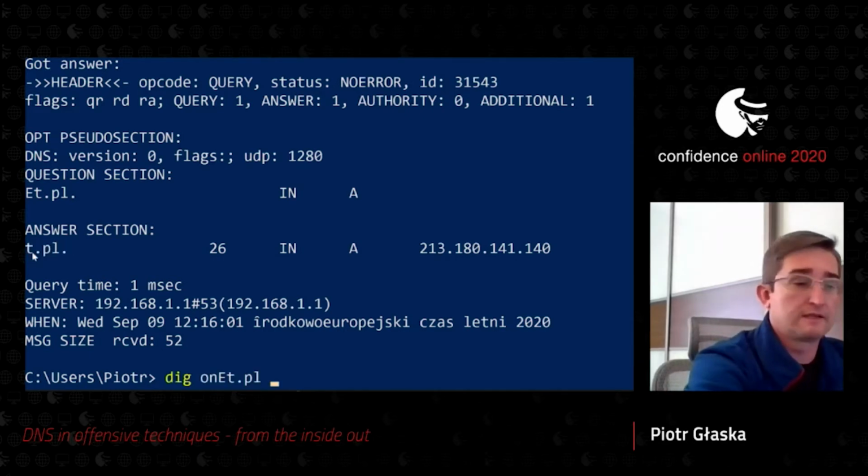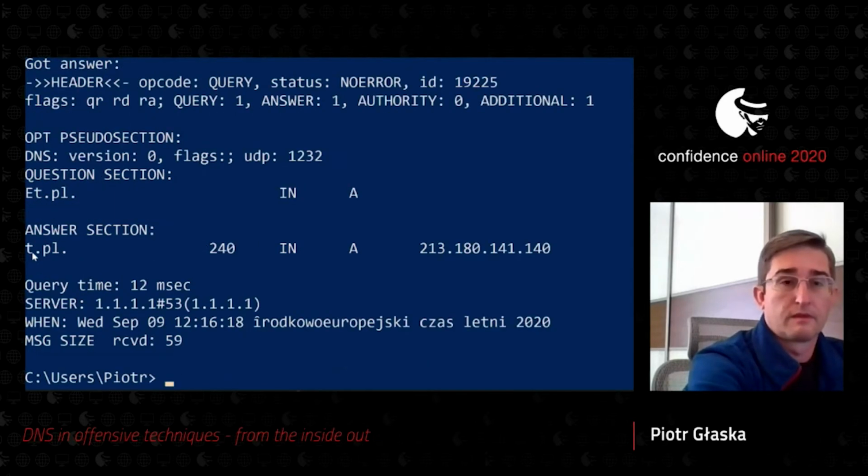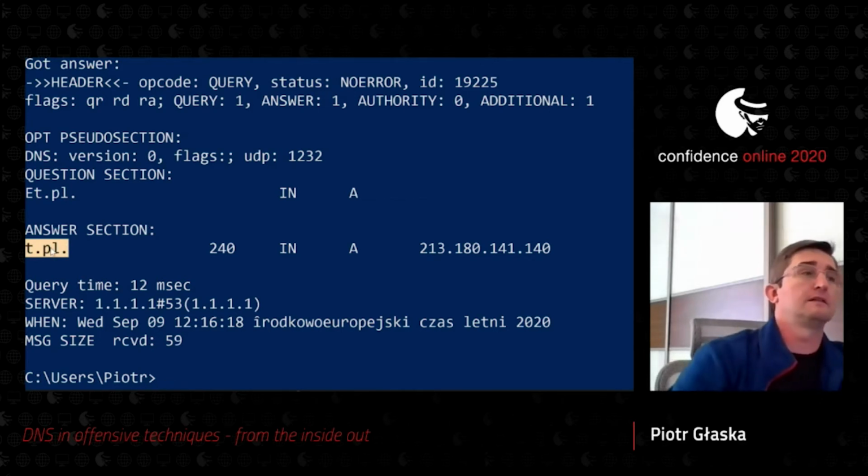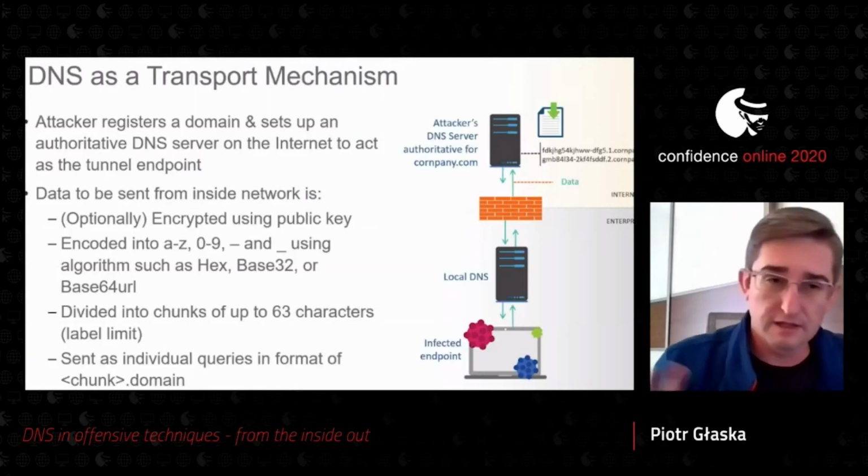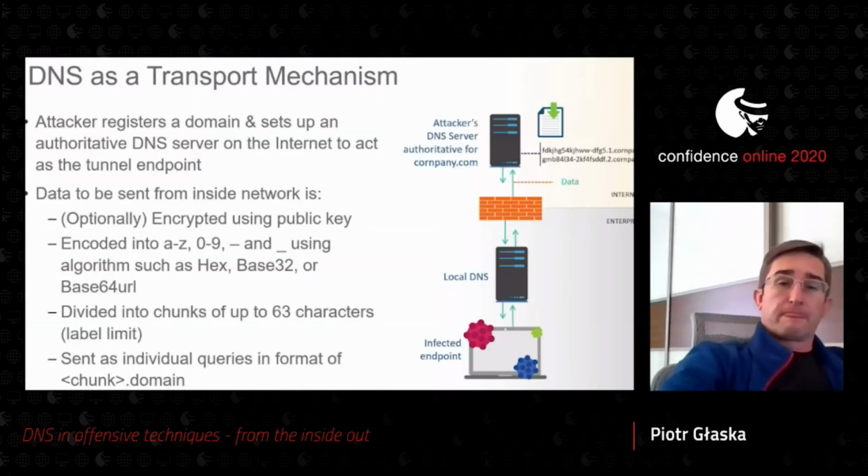But if you ask, for example, Cloudflare, then you can see that they do not hold the same case. So you have no guarantee when you use base 64 that it will work. So it's a little bit risky.